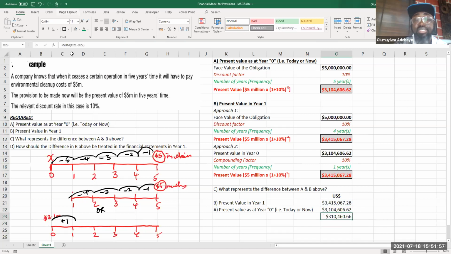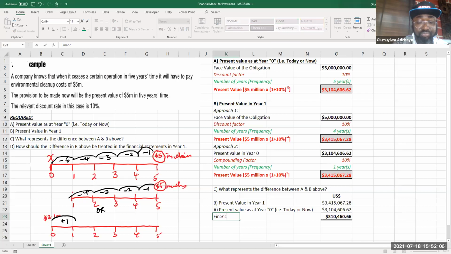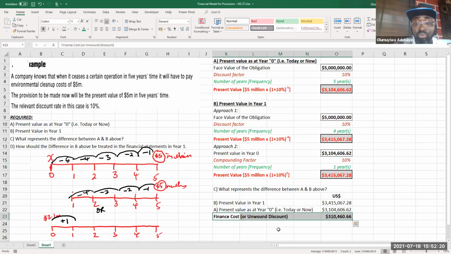It is 310,000. That 310,000 is the finance cost, or the unwound discount, which will be recognized in year 1 as an expense in your income statement.